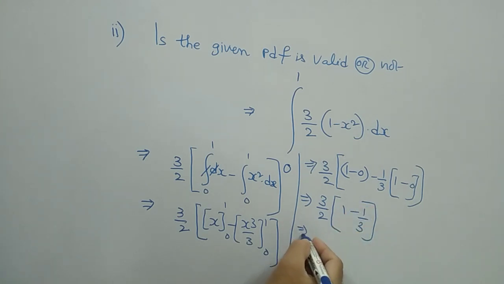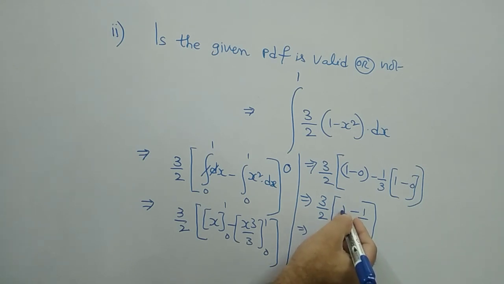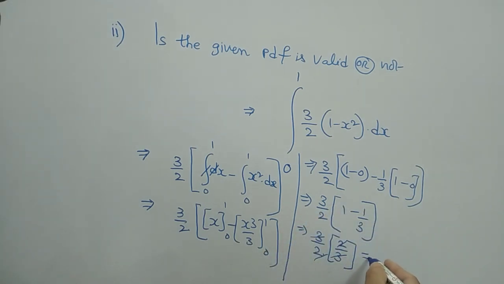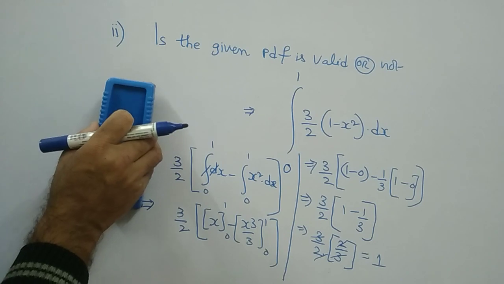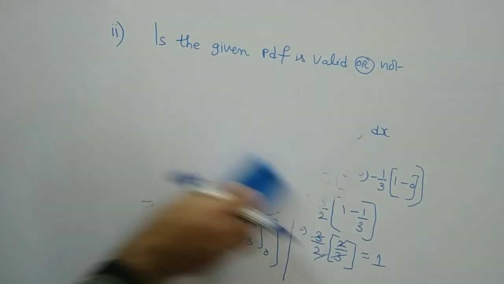This is equal to 3 by 2 into 3 into 1, 3 minus 1, 2 by 3. Therefore, 3 by 2 into 2 by 3: 2, 2 cancel, 3, 3 cancel. Finally, you will have your integral as 1. Your answer is 1. Therefore, the given density function is a valid density function.